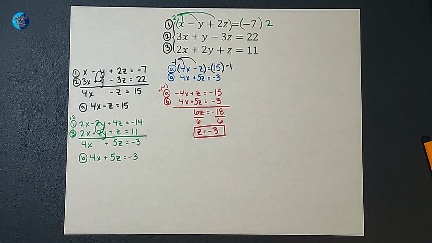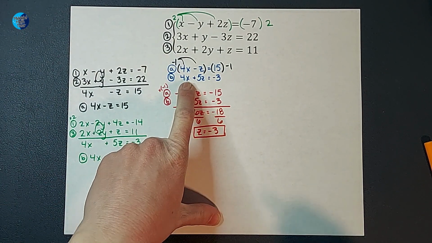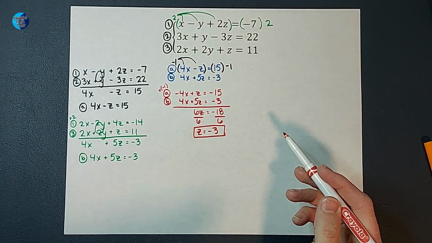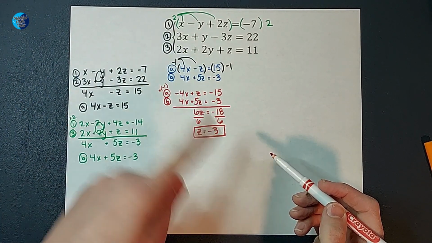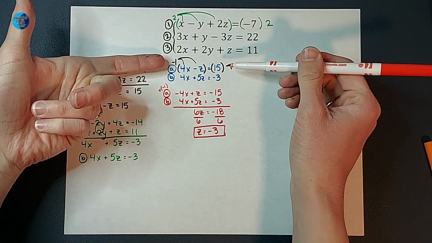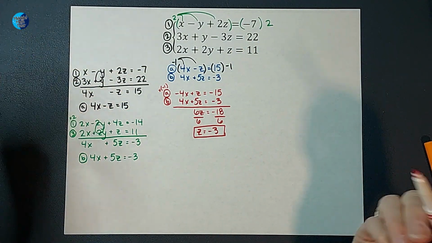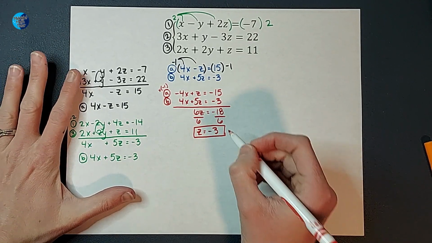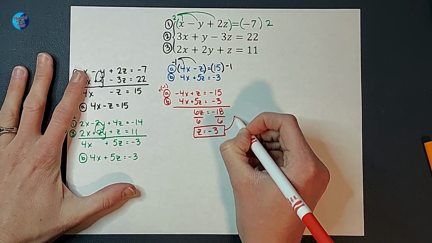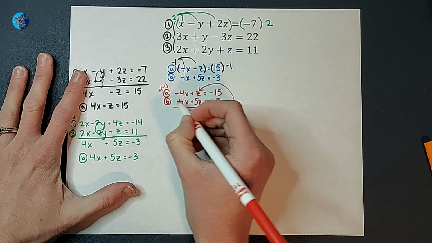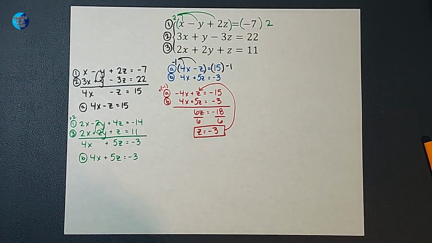All right, now that we know z, it's way easy to find x, right? So I'm just going to plug in -3 for z somewhere. I can use a, I can use b, I can use the modified a if I want. Let's just pick this one because z's by itself and positive.